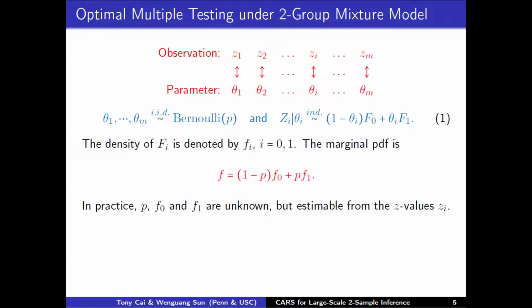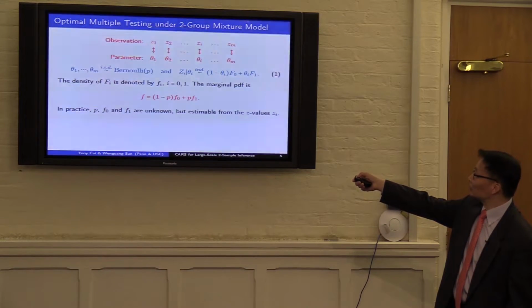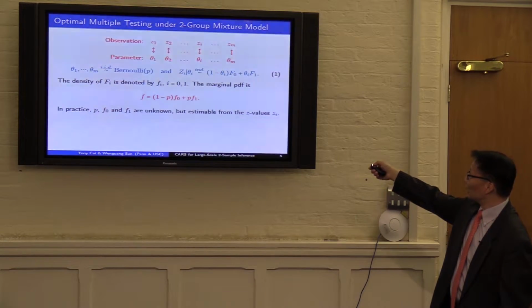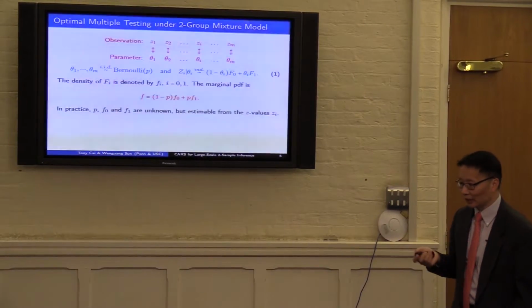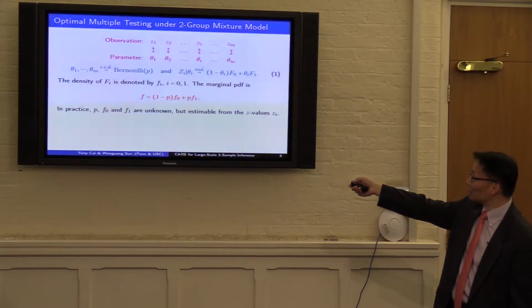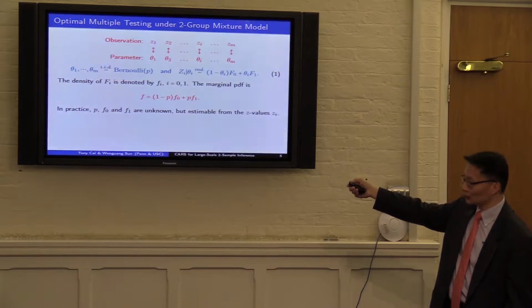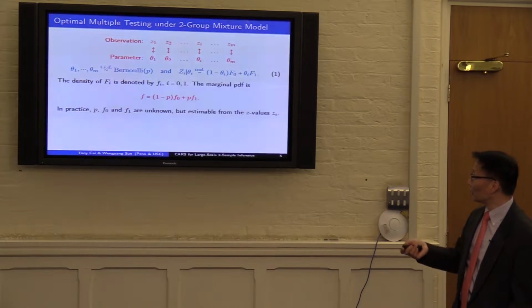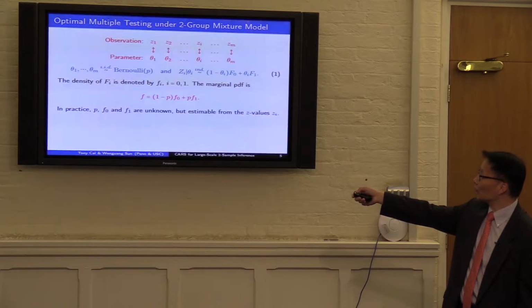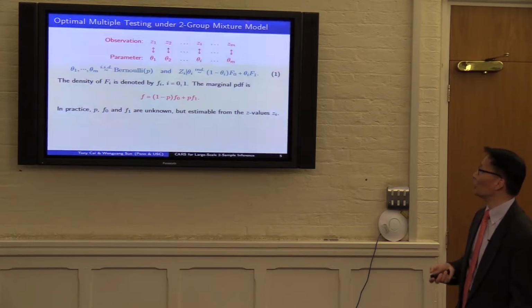The way we did it in another paper is that we summarize the original data into z-values. Each hypothesis, whether it's true or not, is represented by an indicator, theta 1 through theta m. We assume that all those indicators are IID Bernoulli with some unknown proportion p.